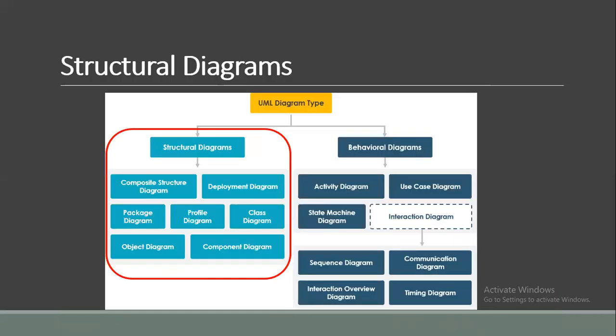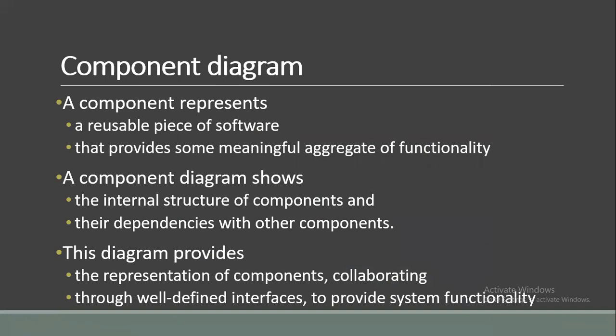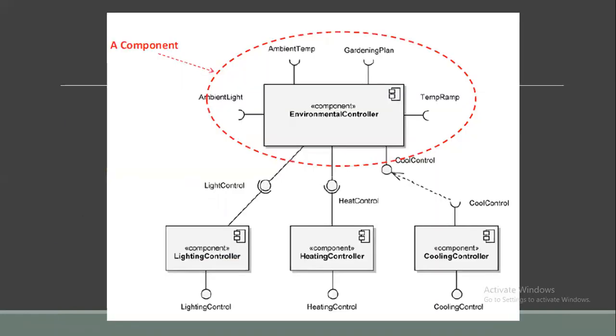When it comes to structural diagrams, we have the component diagram, which is very easy, right? Basically, these kinds of diagrams are used when there are many sensors and hardware components.